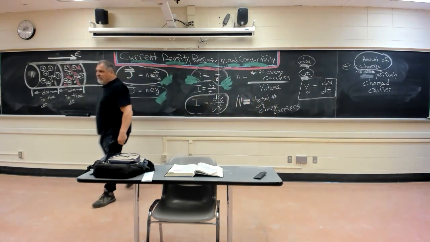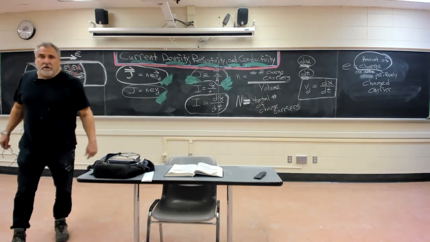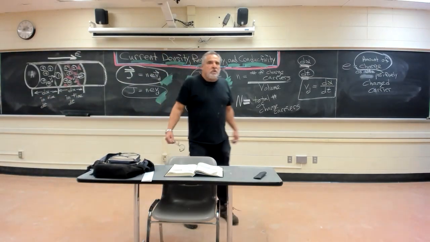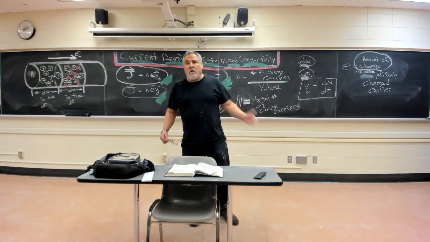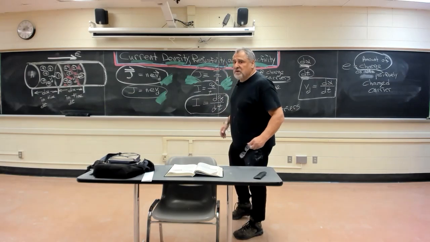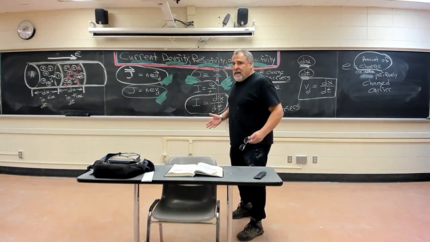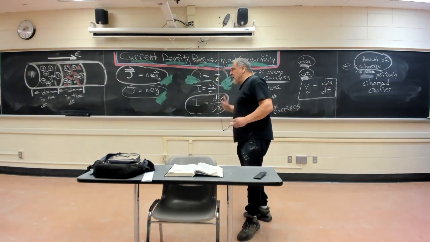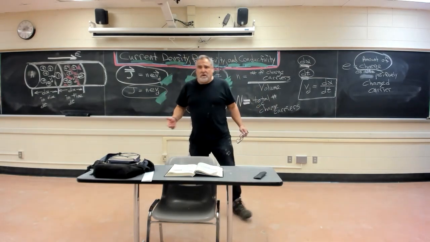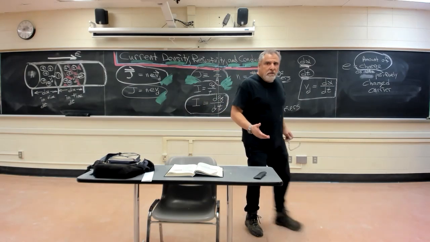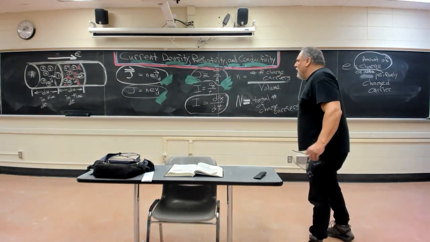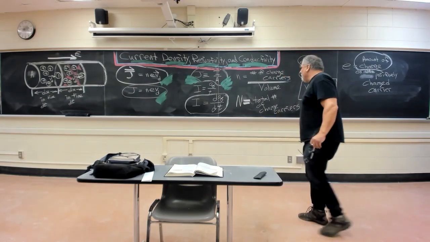Our gut tells us the stronger the E field, the bigger the magnitude of the E field, the more current's going to take place. The more current is going to penetrate past any particular cross-sectional area. When that's the case, the more current getting through any particular cross-sectional area on this wire, I over A is going to be a bigger answer. So the bigger the E field, the bigger the current. Smaller the E field, smaller the current. Kind of goes hand in hand with what I was trying to say earlier.